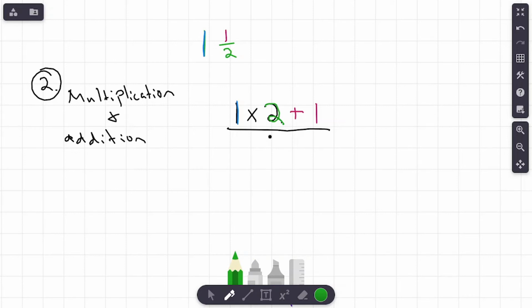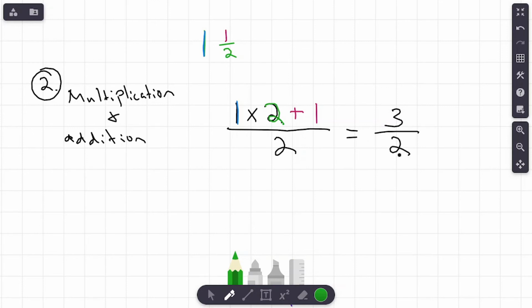We're trying to make an improper fraction. What's our denominator in this mixed number? The denominator is 2, so the denominator is going to stay as 2. What's 1 times 2? 1 times 2 is 2, plus 1 is 3.